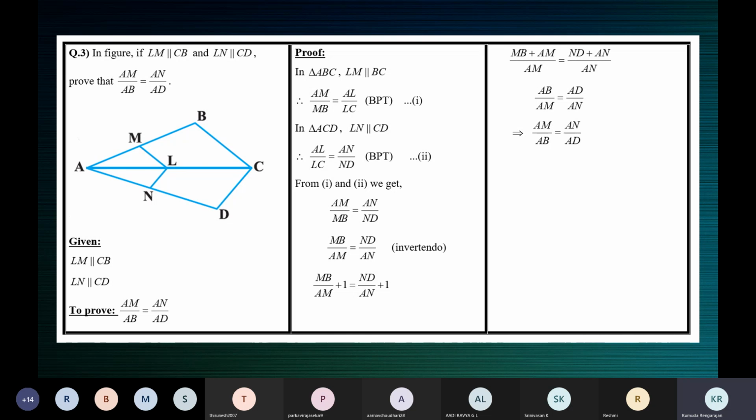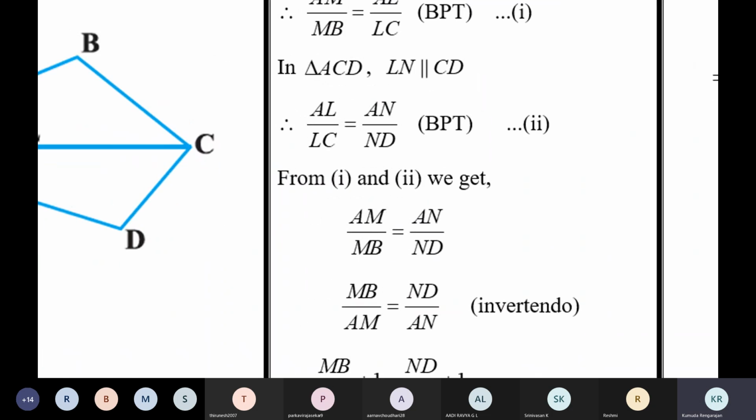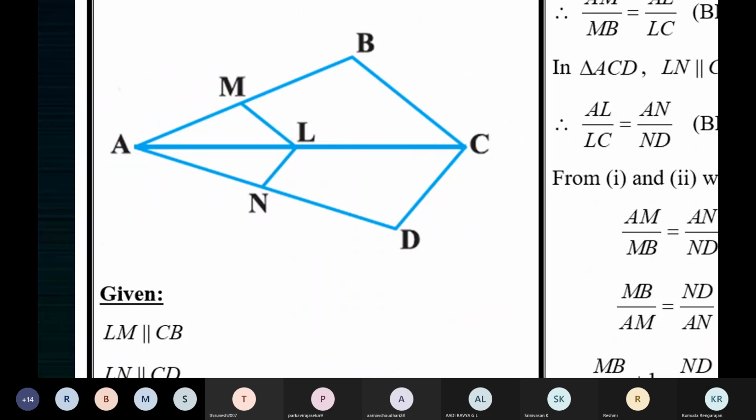Though the answer is visible, let me zoom in. Tell me, children, first, which triangle? In triangle ABC, ma'am.